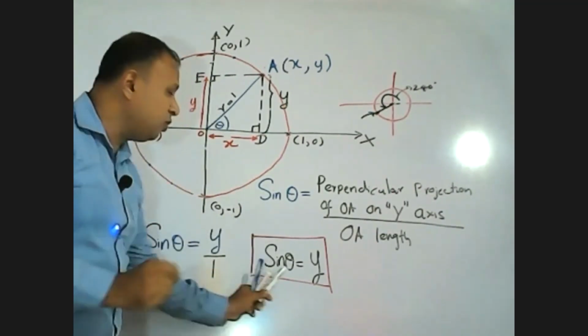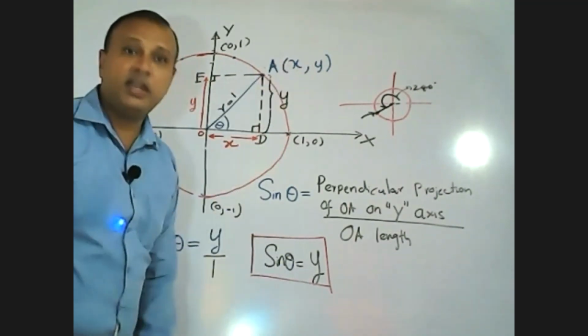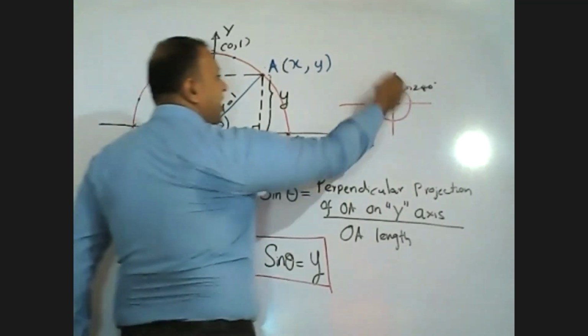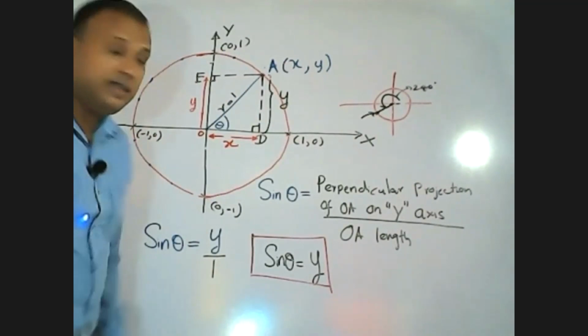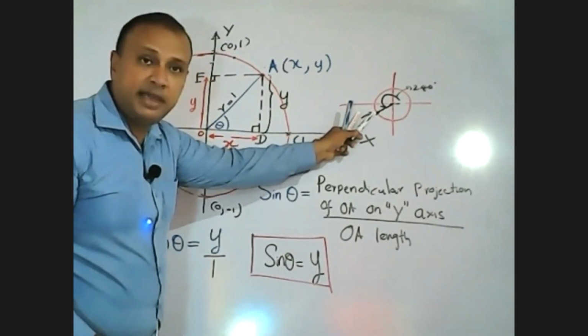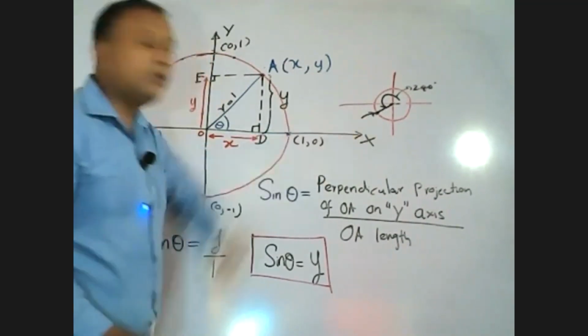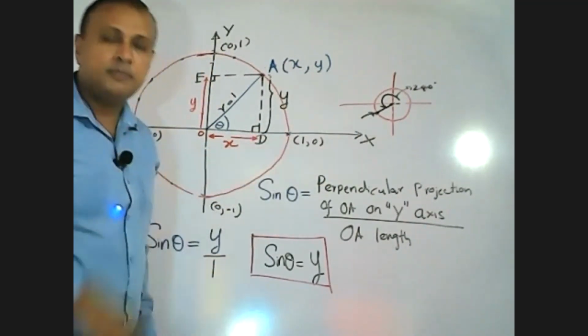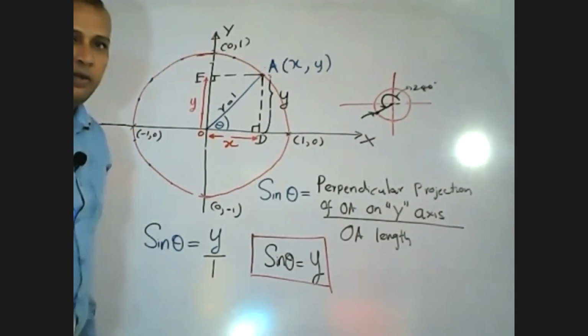So the sine value of the rotated angle is equal to the y coordinate. If I rotate this rod by 240 degrees and it comes to this point, then the y coordinate of that point is the sine value of the rotated angle.